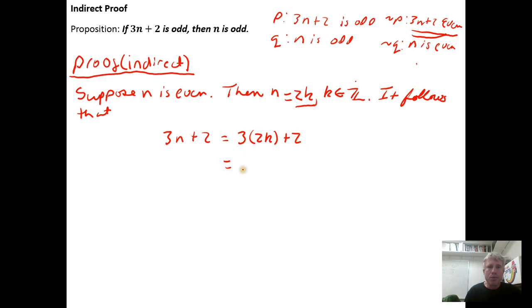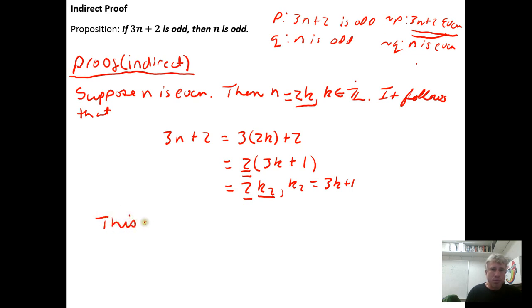Well, this equals 2 times, I'm going to factor this 2 out, 2 times 3k plus 1, which shows us that 3n plus 2 is a multiple of 2, equals 2 times k sub 2, where k sub 2 is just the integer 3k plus 1. So if 3n plus 2 is an integer multiple of 2, then 3n plus 2 is even.